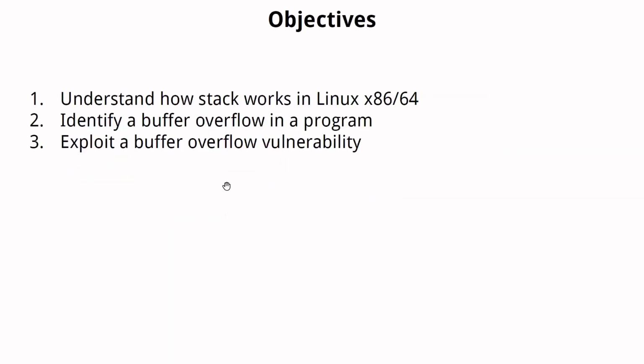So the objectives include you need to understand how the stack works in 32 and also 64-bit machines, especially for Linux. You will be able to identify a stack-based buffer overflow in a program. Of course, sometimes it's extremely difficult.